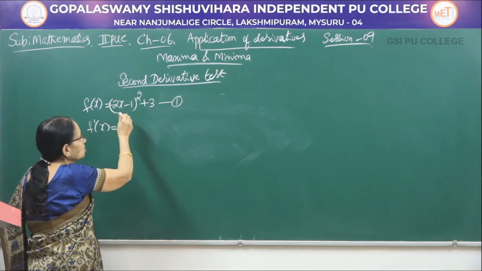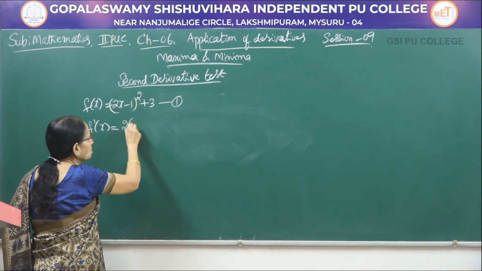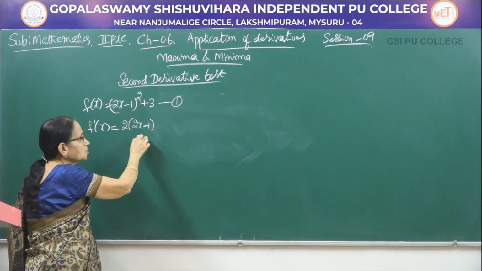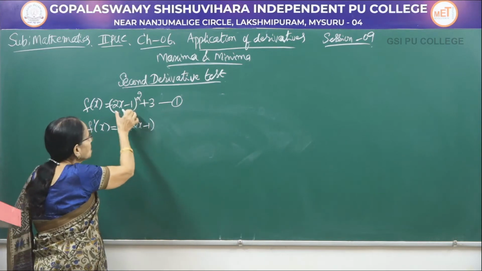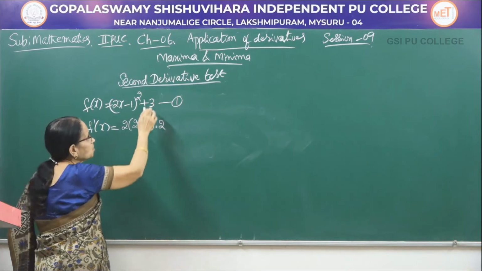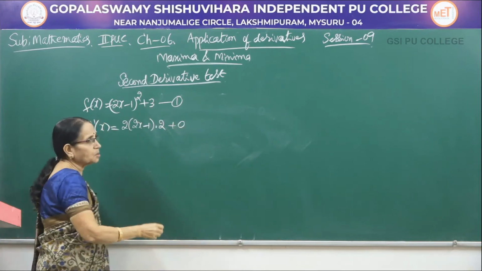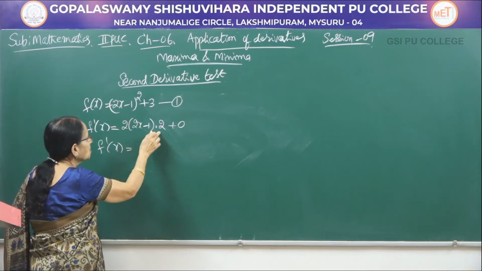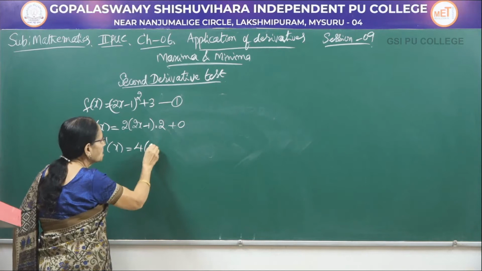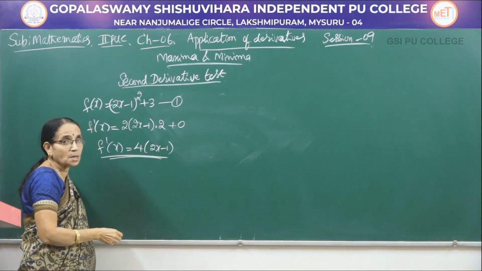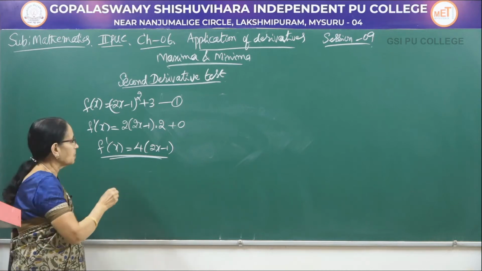Apply the chain rule: something raised to the power 2, that is 2 into (2x minus 1), n into x to the power n minus 1. Again 2x minus 1 has to be differentiated, whose derivative is 2. For 3 it is 0. So we have f dash x equal to 2 into 2, that is 4, into (2x minus 1). We need this afterwards to find the critical point.